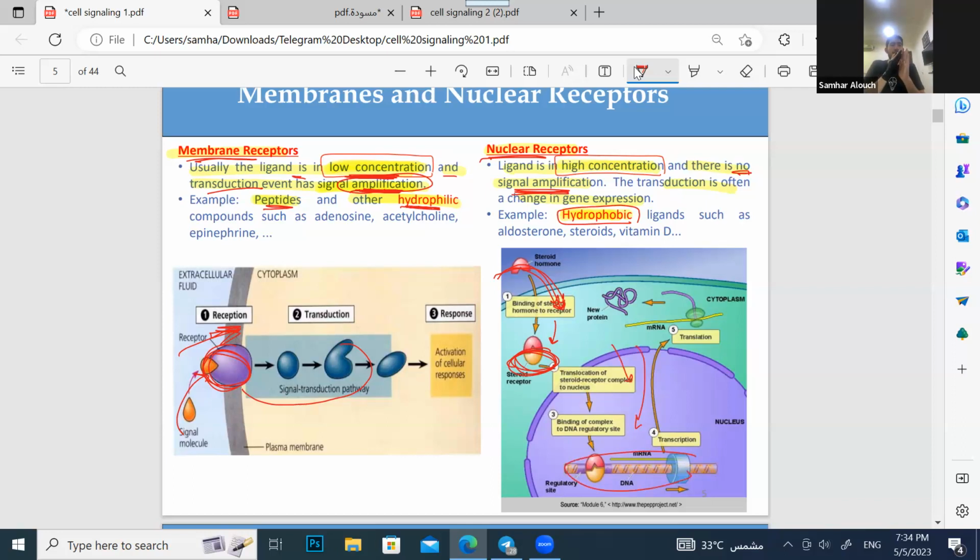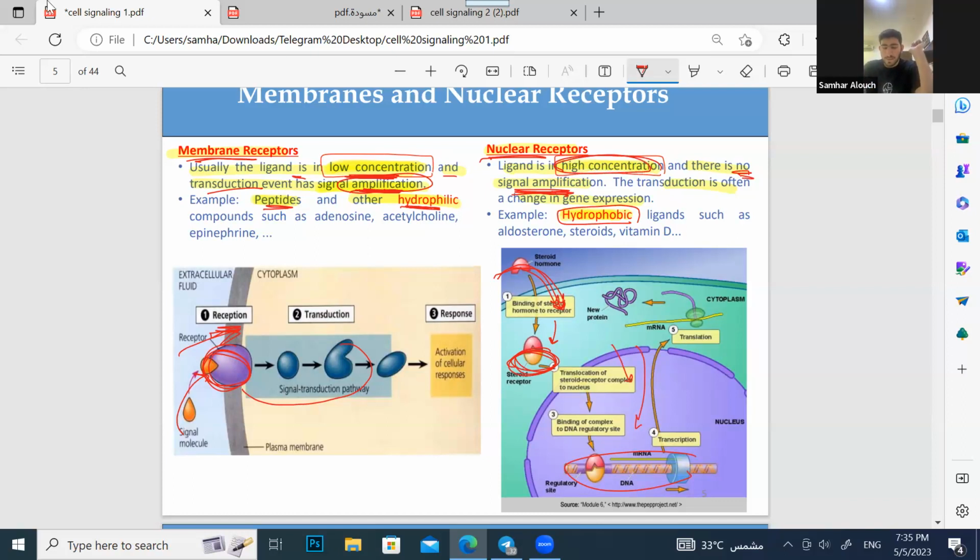So it doesn't have this cascade of enzymes, like an enzyme activating another enzyme, activating another enzyme. No, that doesn't happen in nuclear receptors. Nuclear receptors just bind to the ligand, then they cause the response, okay? And the response is direct. So there is no signal amplification. And since there is no signal amplification, we need a very high concentration to cause a very high response.